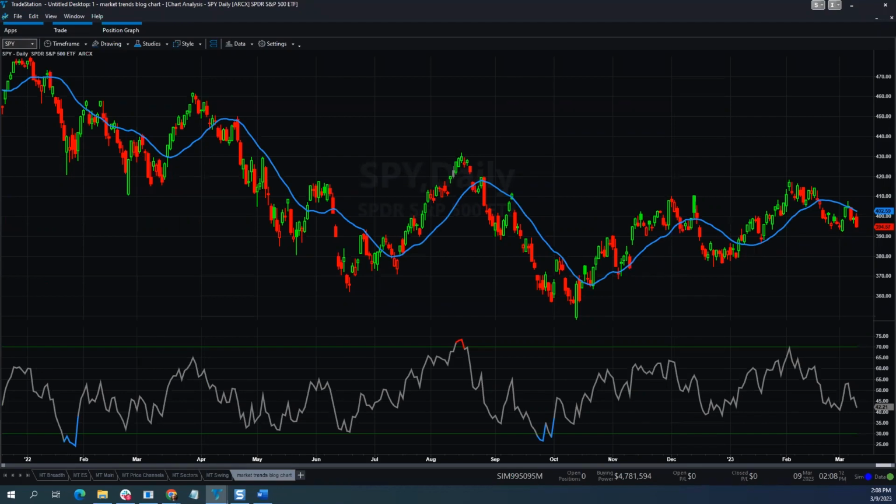Those puts also do not have as much delta. So if the S&P suddenly rallies 20 or 30 points, you're not going to have as much risk from that. But if you have that time exposure, you'll have the exposure to volatility. So looking out at puts that have even 6 to 8 months and are relatively far out of the money can be an approach to consider in this sort of environment.